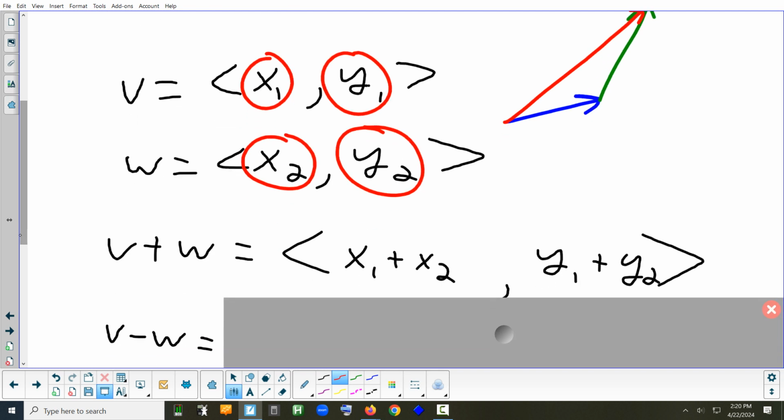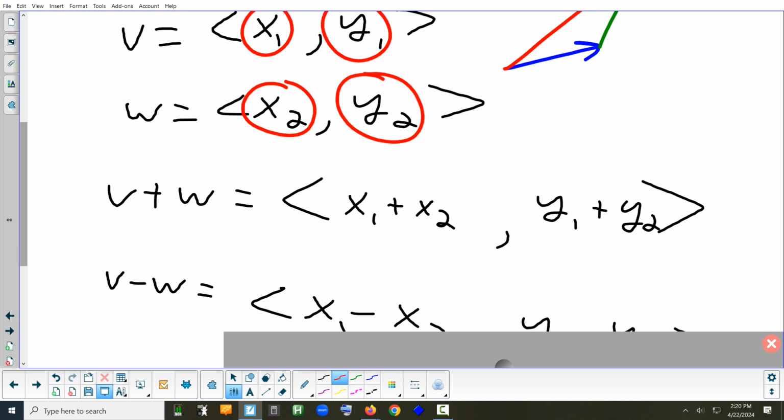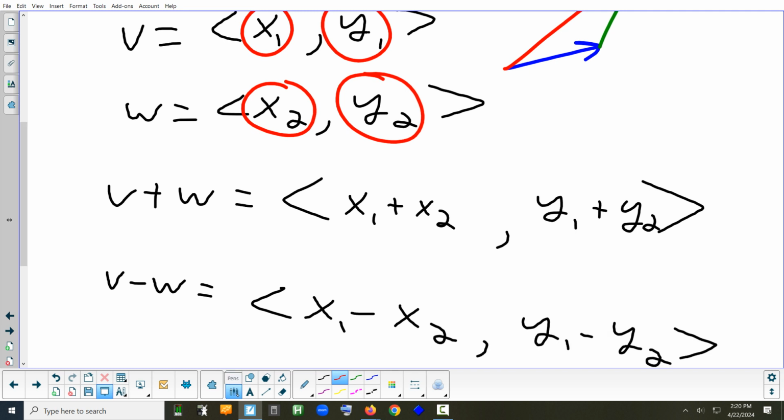What do you think the difference in the formula would be if I want to subtract the two vectors? x1 minus x2, yeah, and then same thing for y. Yep. So now instead of doing that stuff we had to do visually where you flip the second vector around and then add it to do subtraction, we don't have to do any of that.